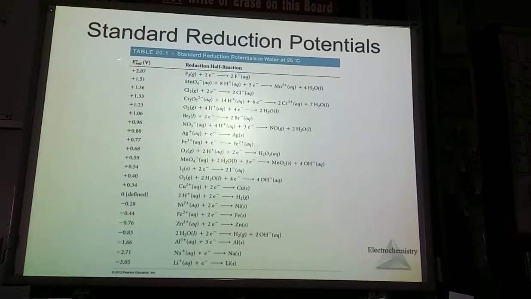You'll see that some of these have positive values, some of these have negative values. If your overall cell potential for an overall electrochemistry reaction is positive, it means it is a spontaneous process. It means it will occur on its own.